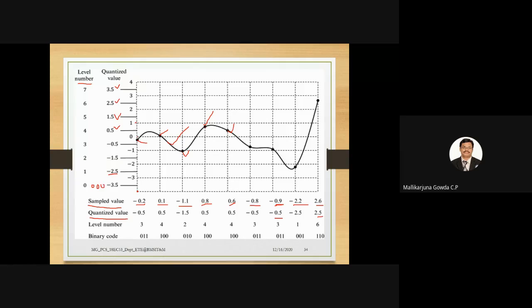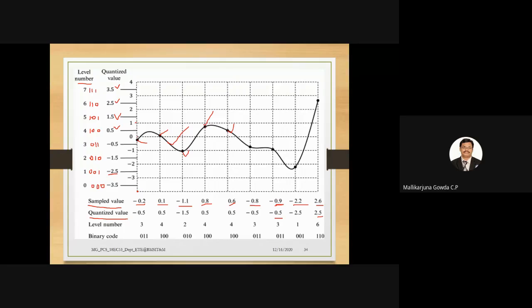Then 1 will be 0 0 1, 2 will be 0 1 0, 3 will be 0 1 1, 4 will be 1 0 0, 5 will be 1 0 1, 6 will be 1 1 0, and 7 will be 3 ones.